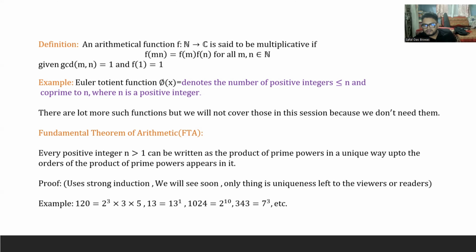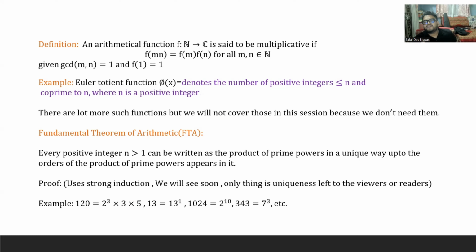That means 1 is there, and 2 is not there, and 3 is also not there, because 2 and 6 have GCD 2, and 3 and 6 have GCD 3. If you take 4 and 6, that also shares GCD 2, but that's not in the definition of phi, right? In the definition of phi, we need just GCD to be 1. That means 1, and the next number is 5. Thus, phi of 6 is just 2.